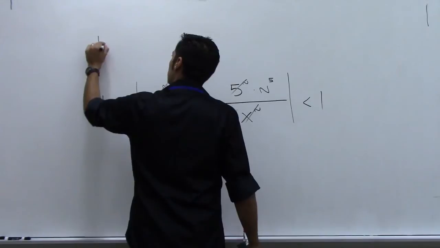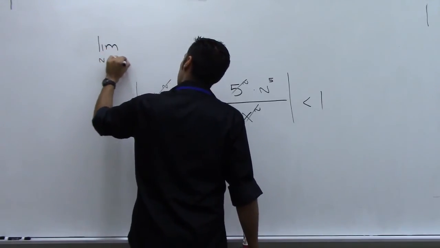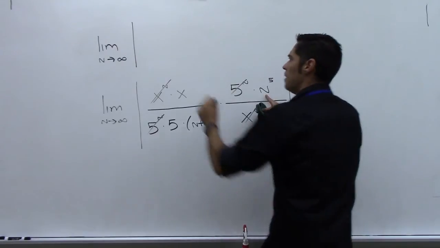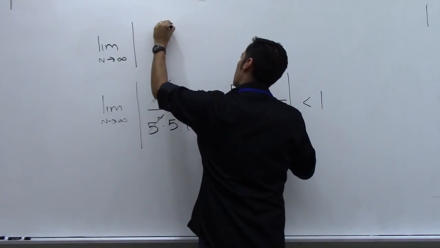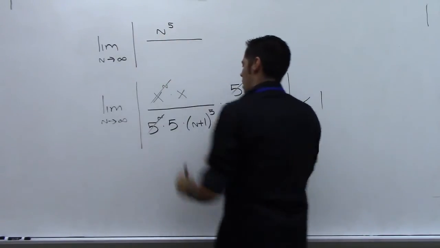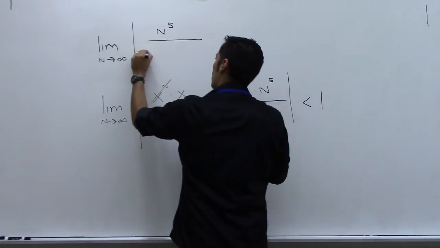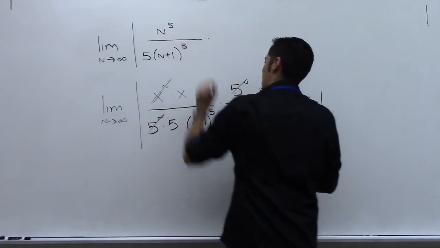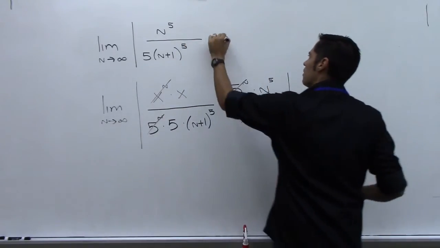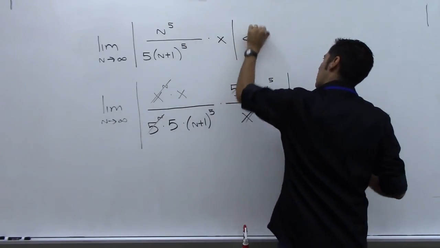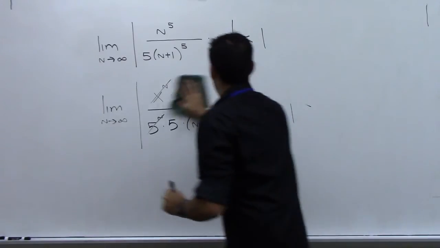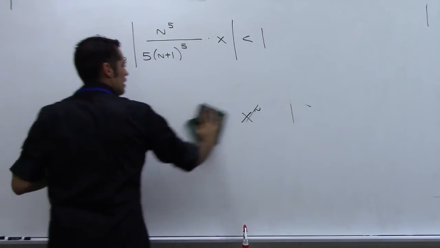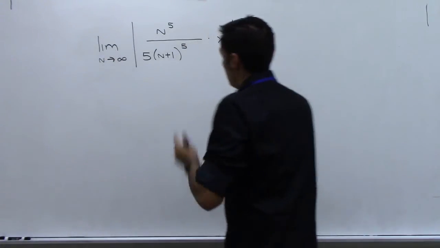So I have the limit as n goes to infinity of n to the 5th on top. On the bottom, I have a 5 and n plus 1 to the 5th, times just an x. I need that to be less than 1. When I take this limit, I get infinity over infinity.